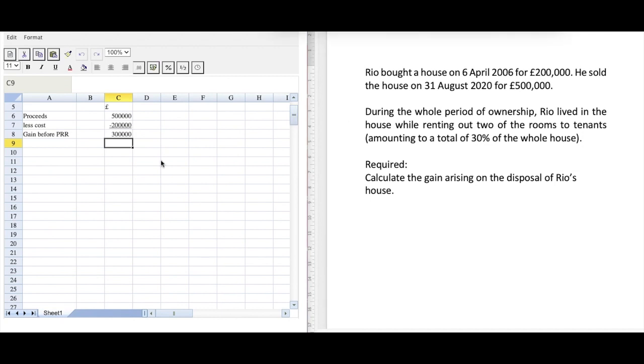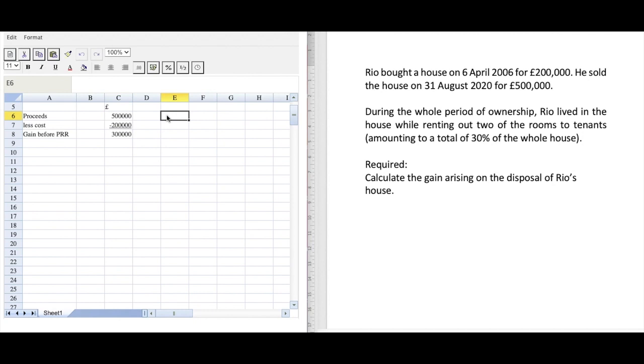Now you could, if you wanted to, use the sum function. So for that, instead of brackets, you need to put the minus sign in front of your figure, and then you can put in sum, and then the brackets, and just cover the cells that you want included in your sum, close brackets, and then you get your answer.